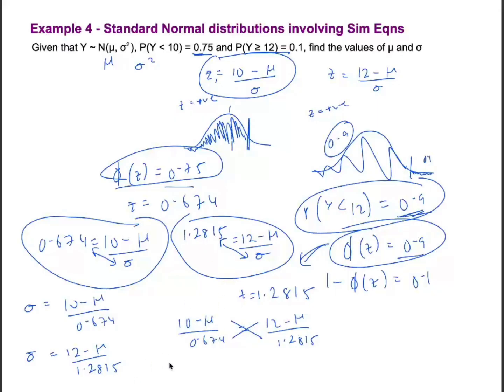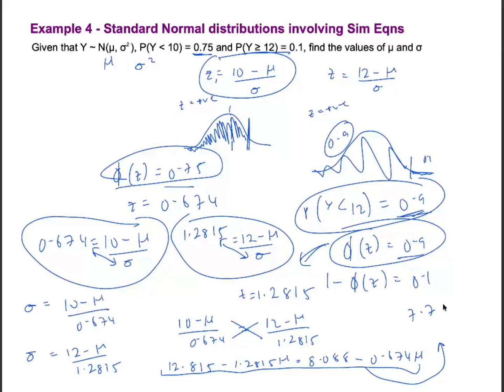We will get 12.815 minus 1.2815 mu is equal to 12 times 0.674, which is 8.088, minus mu times 0.674, which is 0.674 mu. And from this equation here, we get that the value of mu is going to be 7.781.